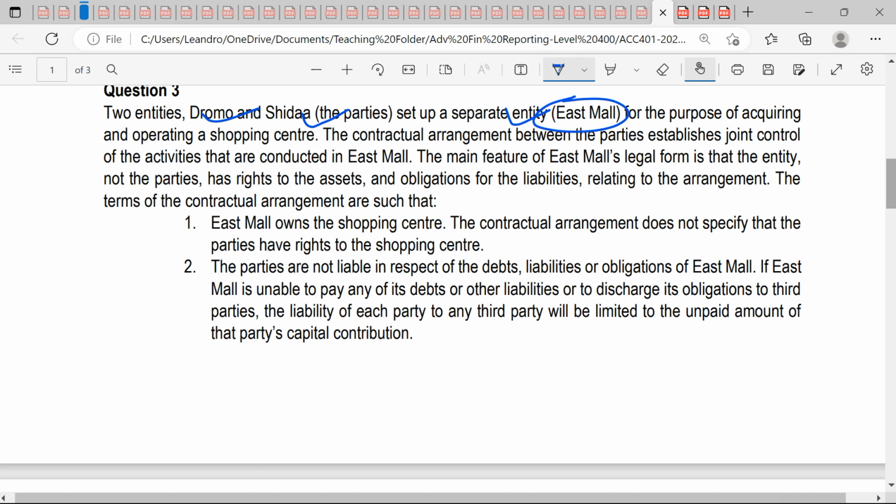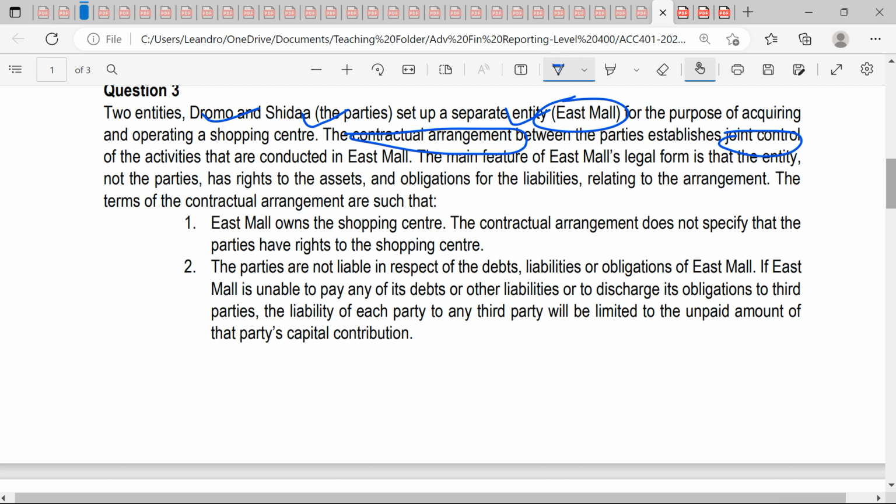Now, Dromo is a party, Shida is a party, and they have formed a separate entity. They have set up a separate entity. And now, the contractual arrangement between the entities establishes joint control. So they have joint control of the activities that are conducted.